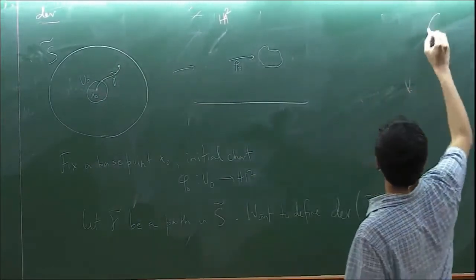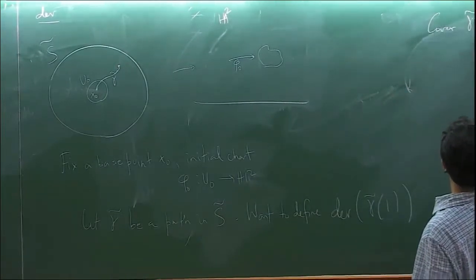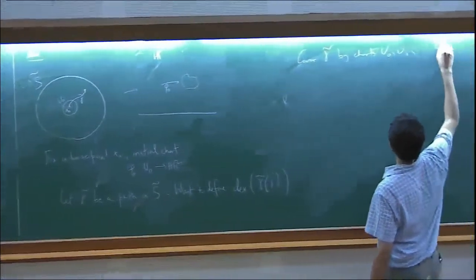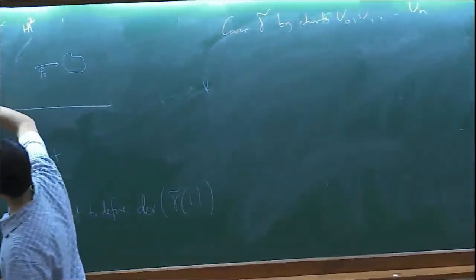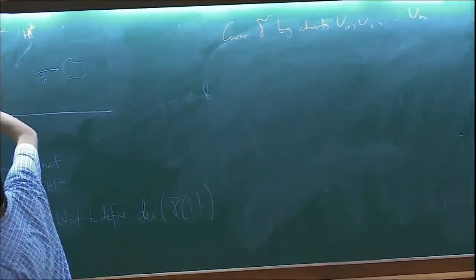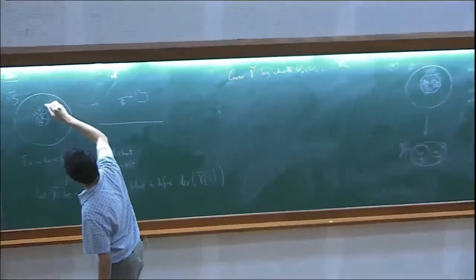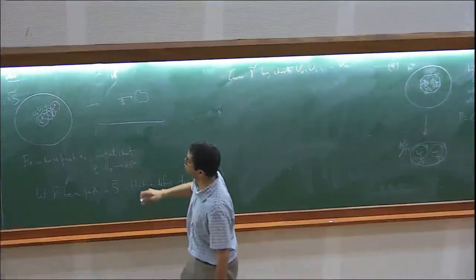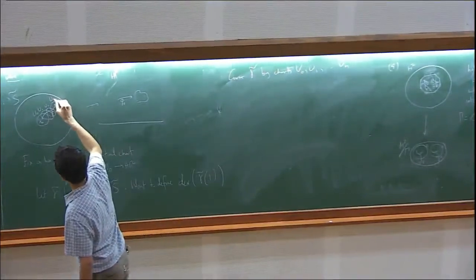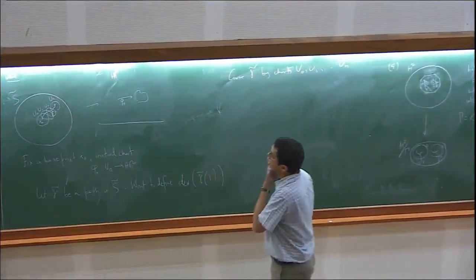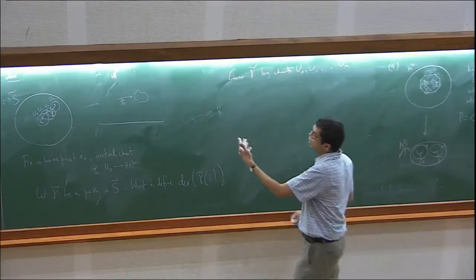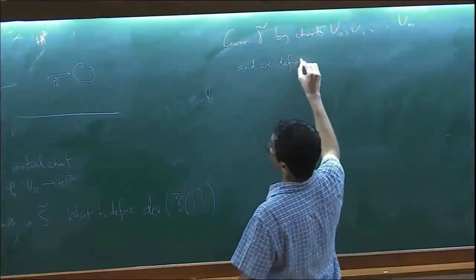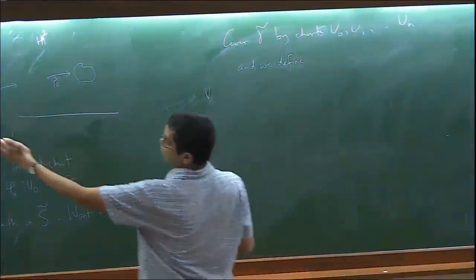So you cover gamma tilde by charts u0, u1 up to un, which form some kind of chain like this. Okay, so there's some bunch of things reaching, let's say, un, which covers the endpoint. And you extend this definition of the developing map.